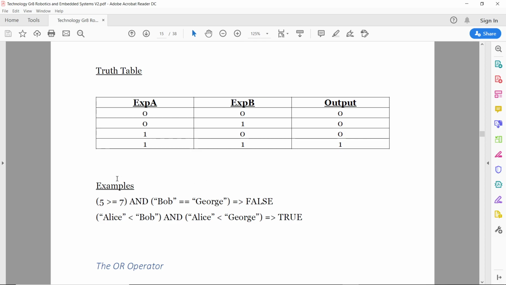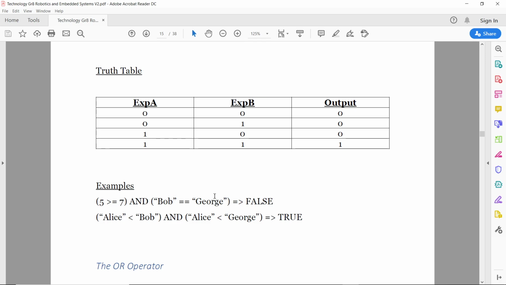That's just an example, and I've given you some other examples here. Expression A would be 5 is greater than or equal to 7. We know that 5 is not greater than or equal to 7, it's less than 7, so that would be false. Here we've got Bob equals George.